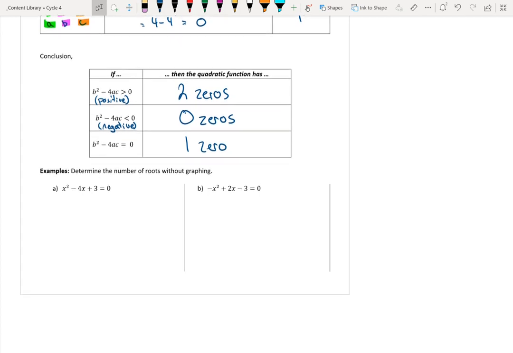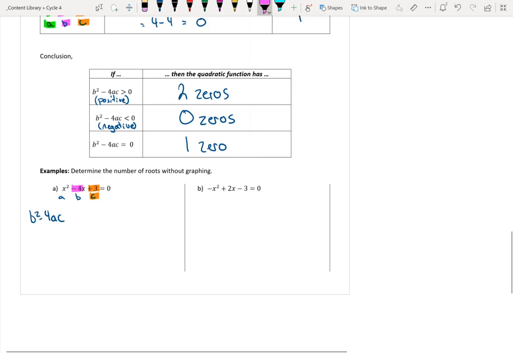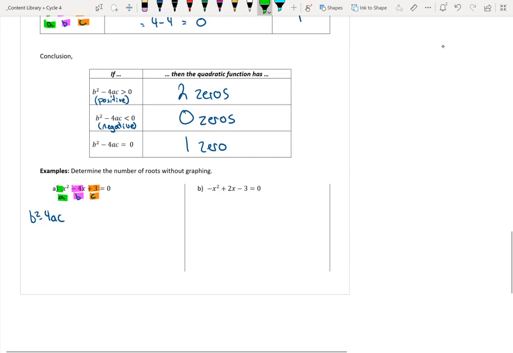So let's go through 2 examples. I'm going to use the discriminant, or the b squared minus 4ac. I need to find my a, b, and c values still. And now I can just plug these values in.